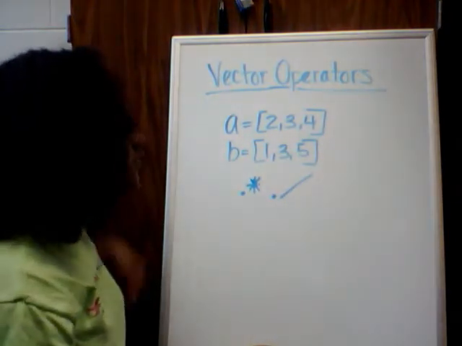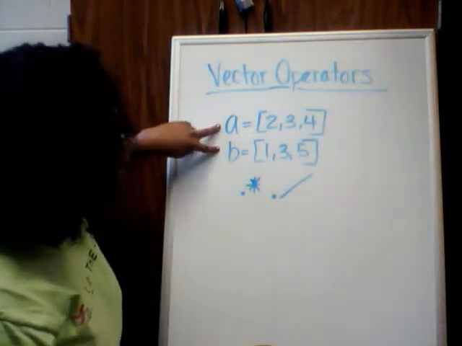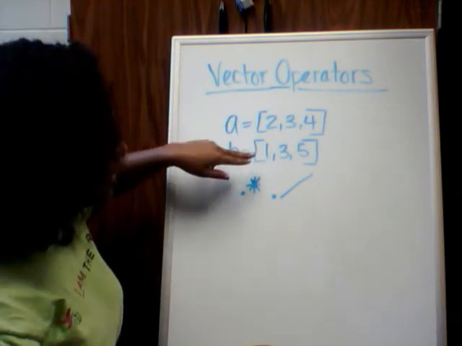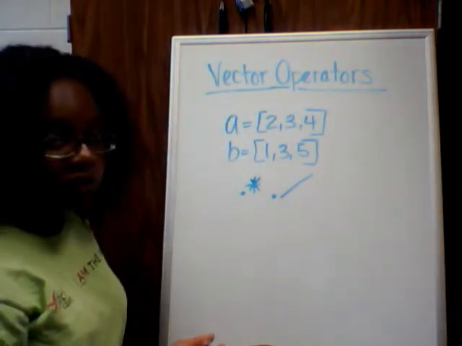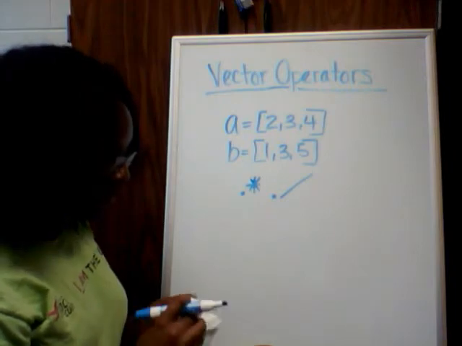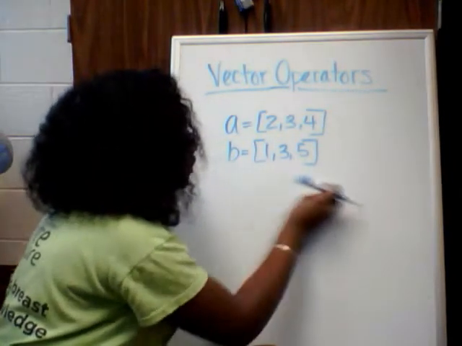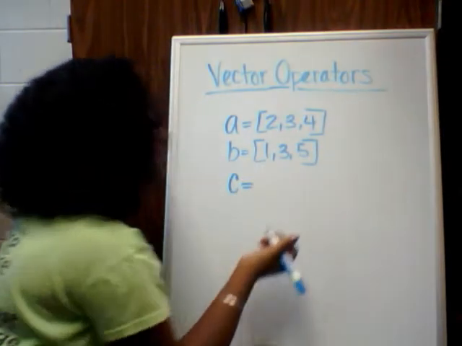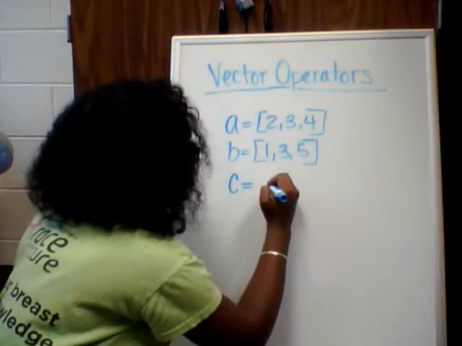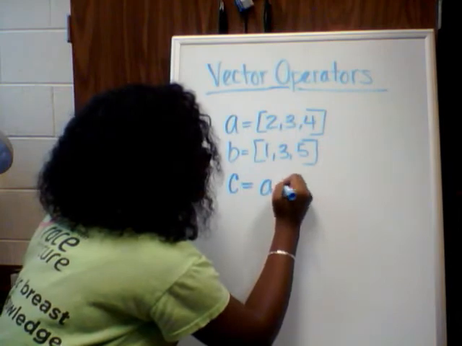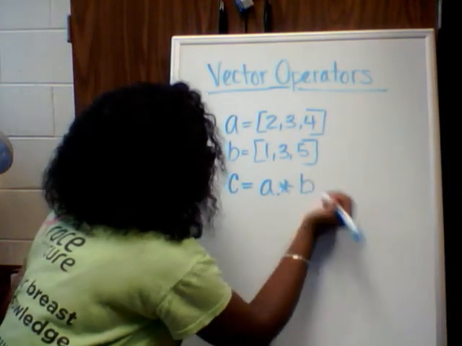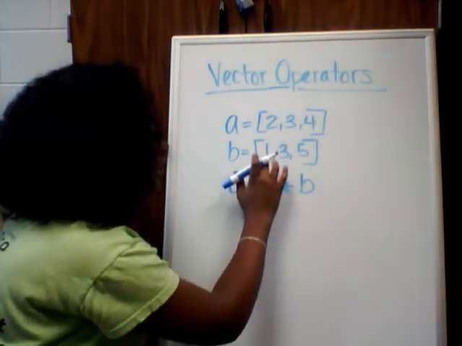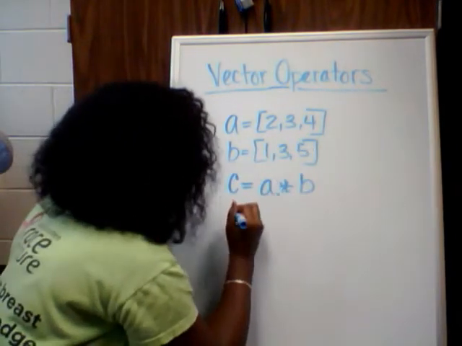Since these two vectors are equal in the number of indexes they have, we can do the operation with them. So if we wanted C to equal A times B, then MATLAB would go element by element within the vectors.